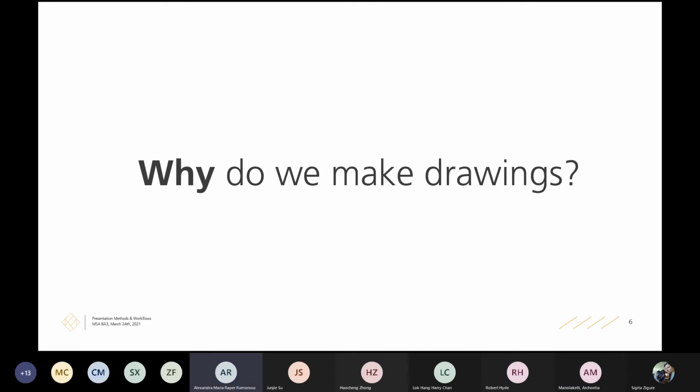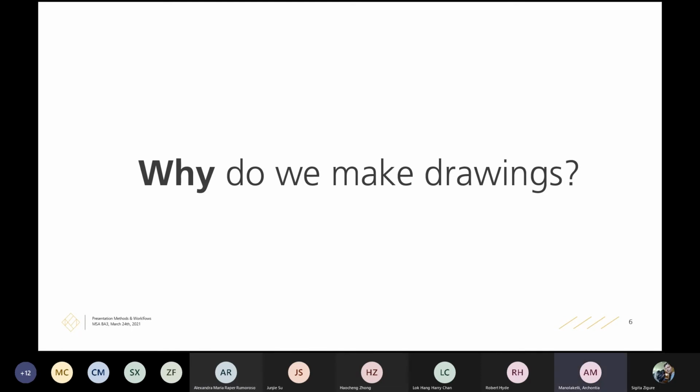I'll give it a go. One of the reasons we make drawings is to convey what we're thinking in our head, because obviously we can't let everyone into our brain. So, putting it on paper to show clients or tutors and things like that. Indeed, yeah, that is one reason.